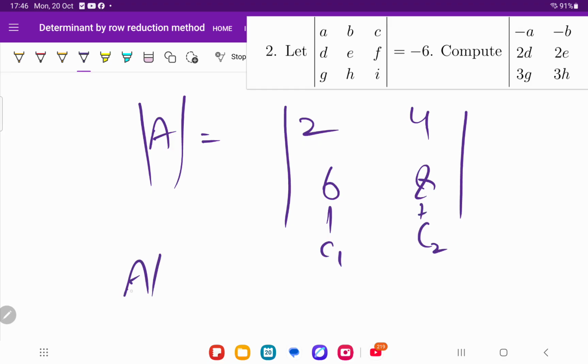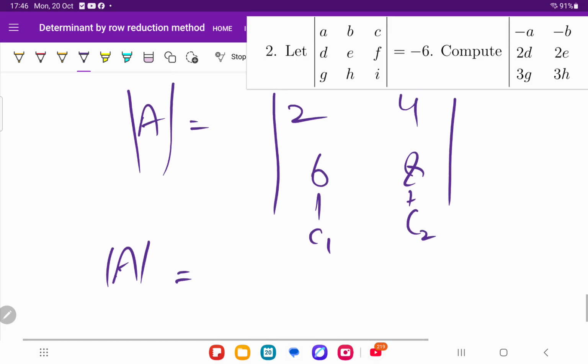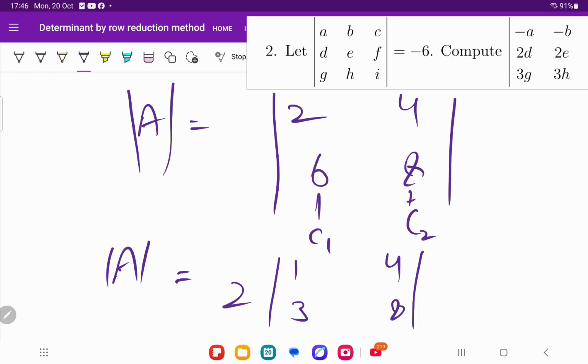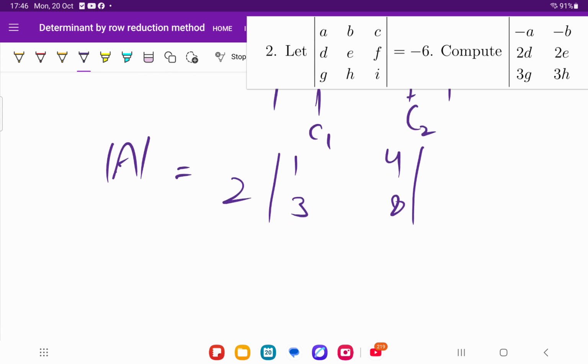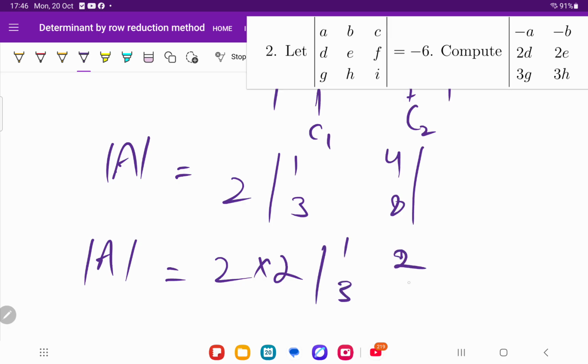I want to take 2 common from column 1, so I could write 1, 3, 4, 8 by taking 2 common from column 1. Similarly, if I take 2 common from the second column, 1 and 3 will remain as they are, and 2 and 4 will be there.